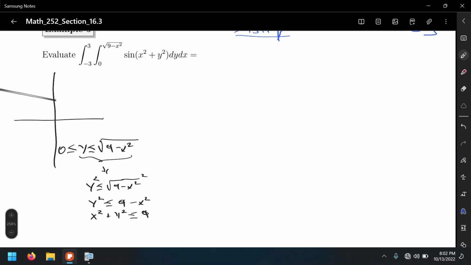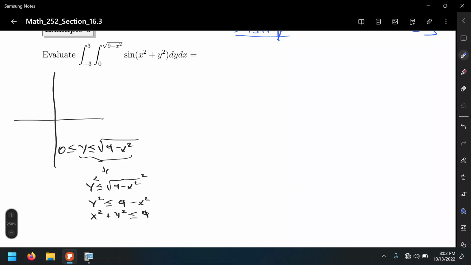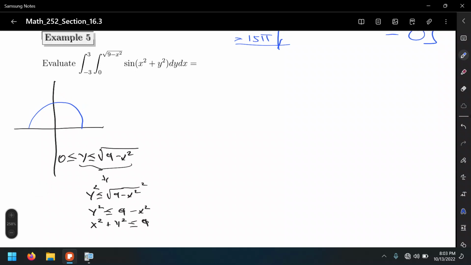So essentially this is all the points inside of the circle, and actually not the whole circle, just the upper part of the circle, because we only have the positive square root. If we had both the positive and the negative, then we would be considering the lower semicircle too.